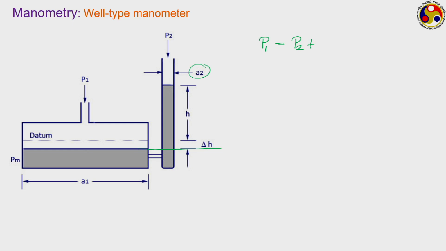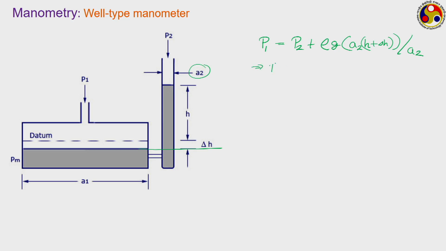Now, how much is the weight of the liquid column? Let us say rho is the density of this liquid, g is the gravity, and the volume of this liquid column will be A2 into (H plus delta H). This is the volume of the liquid column, divided by the cross section area of the tube, gives the pressure.